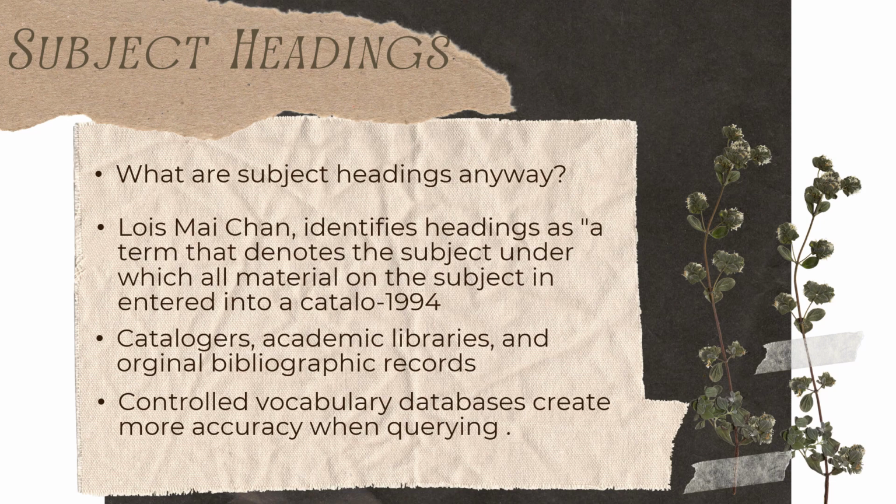She identifies a subject heading as a term that denotes the subject under which all material on the subject is entered into a catalog. And there are instances when catalogers working in academic libraries, for instance, are required to create original bibliographic records for newly published works that deal with cutting-edge research or emerging concepts within a specific discipline. Basically, never before seen information.